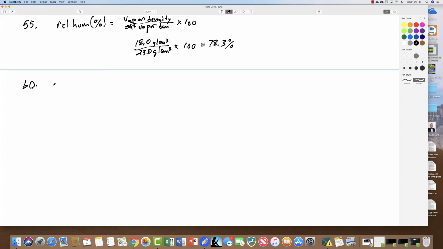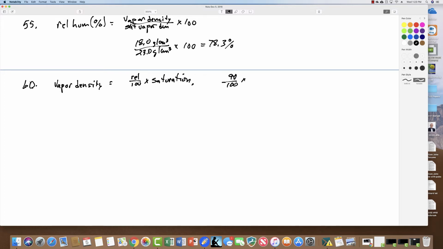Well, you have to see what the vapor density is. If you just rearrange this up here, the vapor density is going to equal the relative humidity over 100 times the saturation. The relative humidity they gave in this problem was 90, over 100, times the saturation.